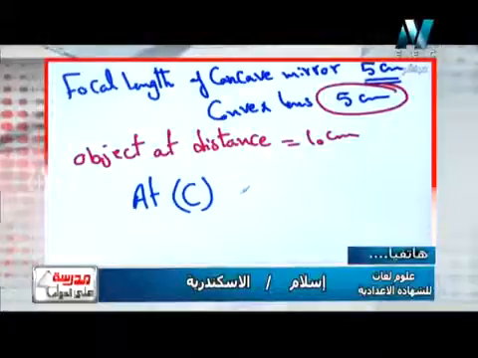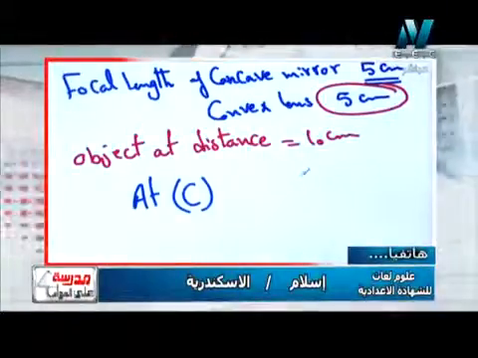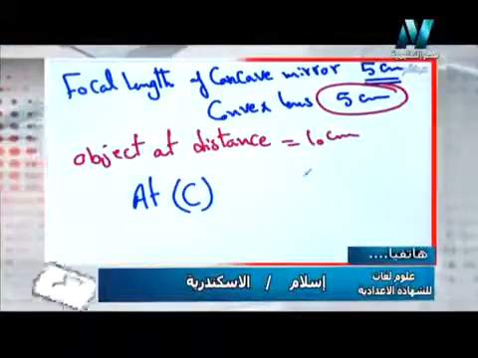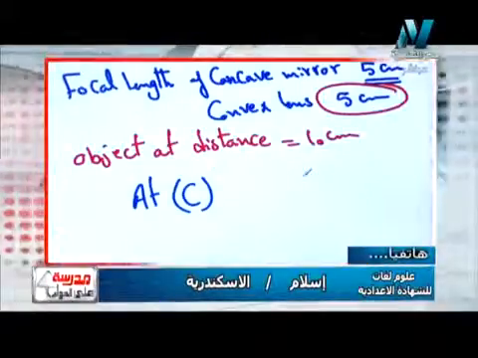That is the only difference between them. Did you understand the answer? He wants the distance between the image formed by the convex lens and the image formed by the concave mirror.